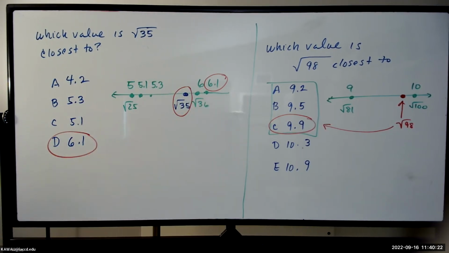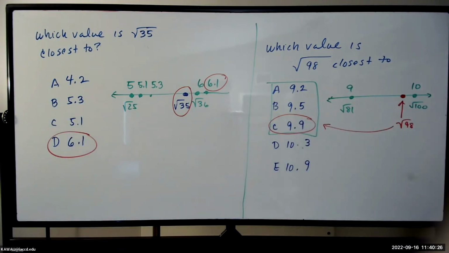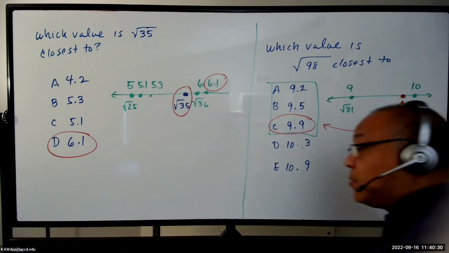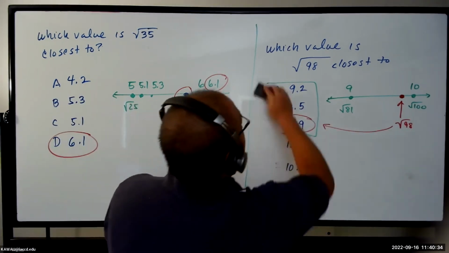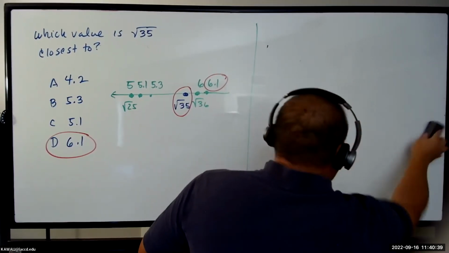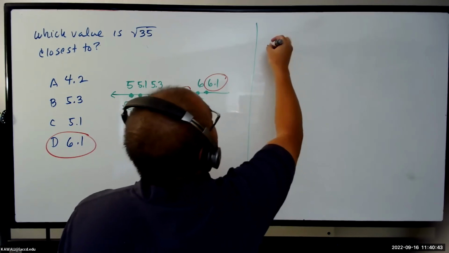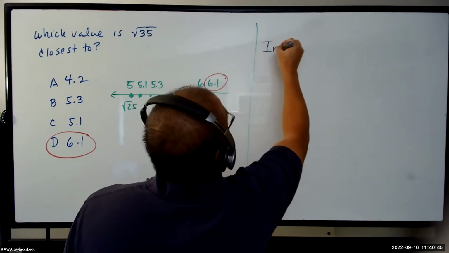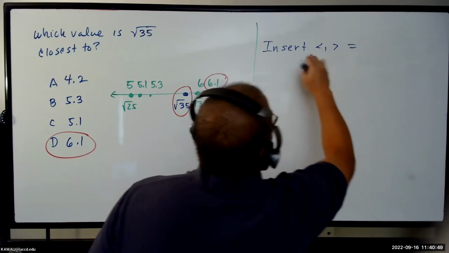Okay. Now let's do something a little bit nasty. Now these two numbers are going to be very, very close. Insert less than, greater than, or equal to.